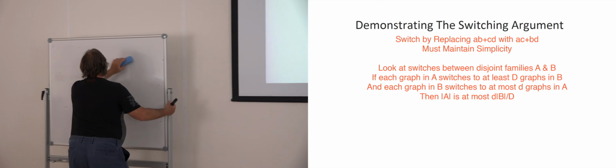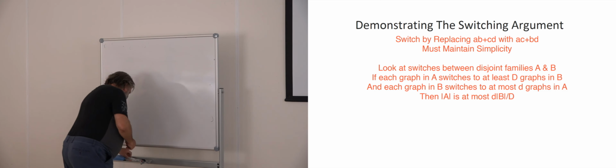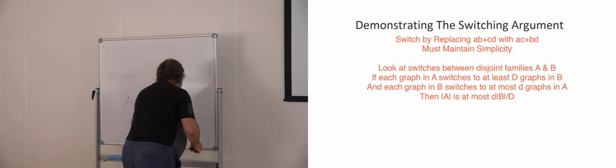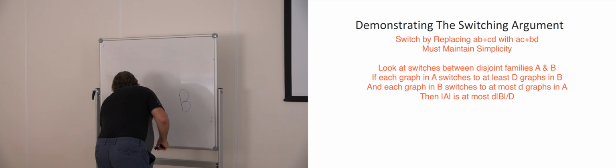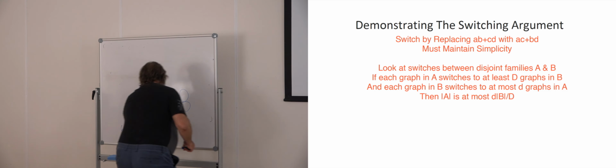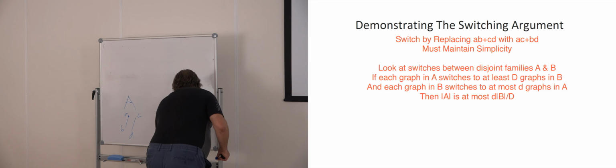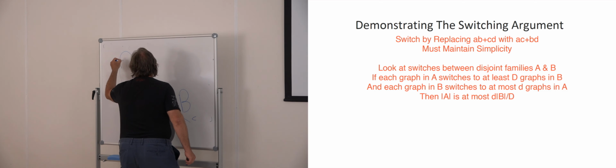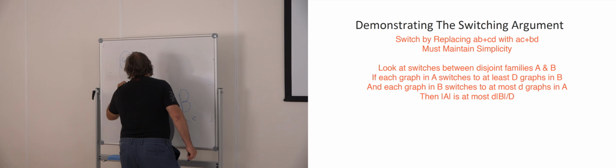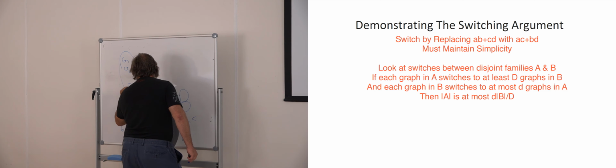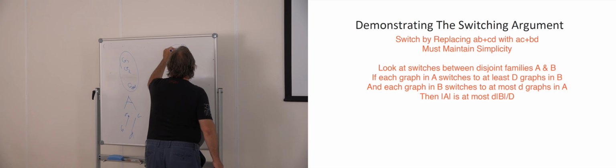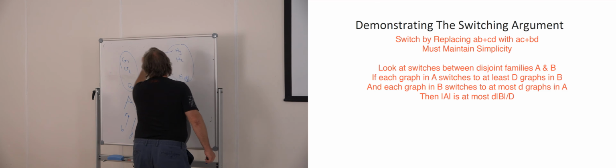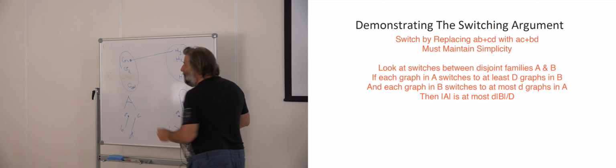Here I have one family A of graphs and another family B. I'm taking a graph here going A, B, C, D, and over here I have exactly the same graph except it goes A, C, B, D. So I'm switching, and I can build a bipartite graph, joining one graph here to a graph there if I get them by switching.